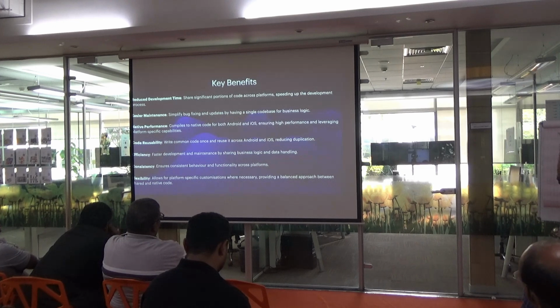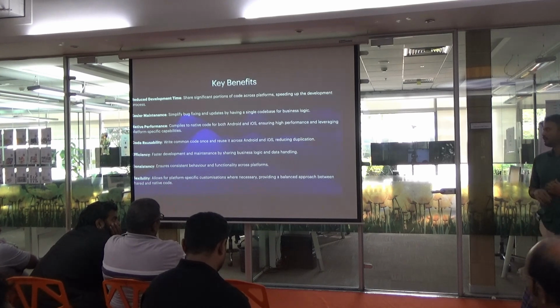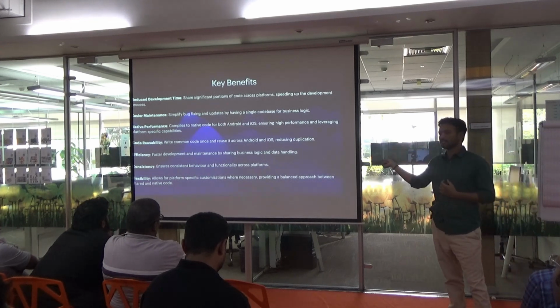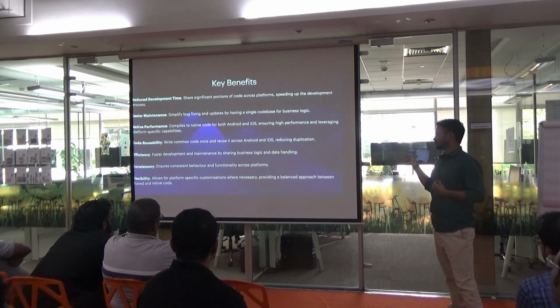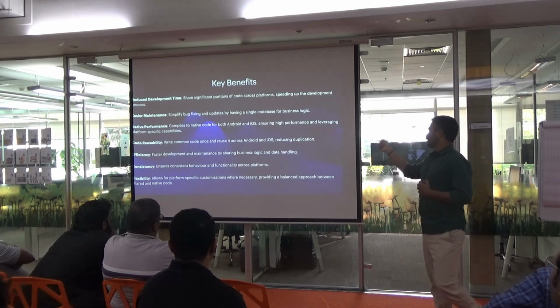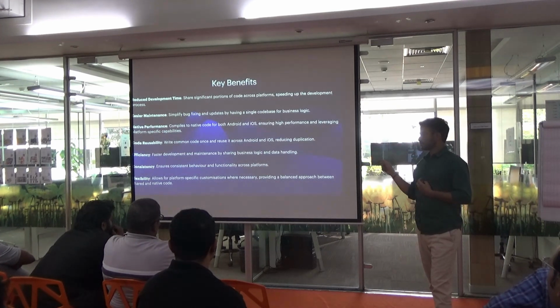Okay. Today I'm more focused on mobile development, not going to talk much about website or server side. Okay. You are going to get native performance. Why? Because we are already using native technologies, that is Kotlin, or Swift in terms of iOS, and that's why it ensures high performance while leveraging platform-specific capabilities.